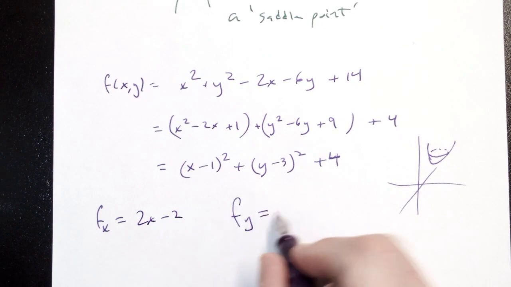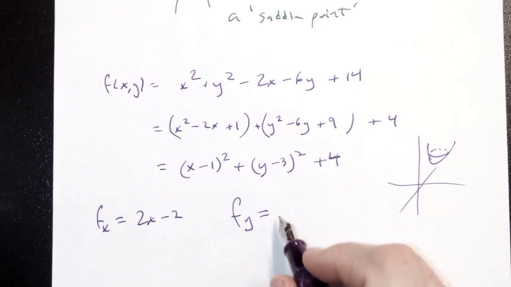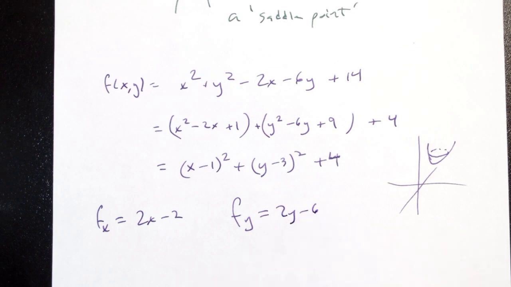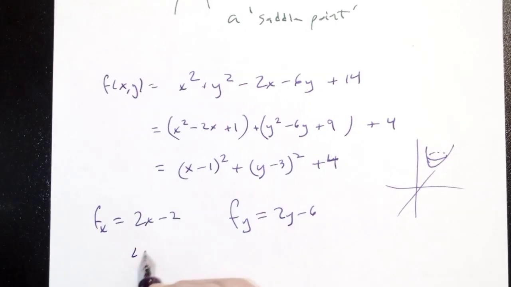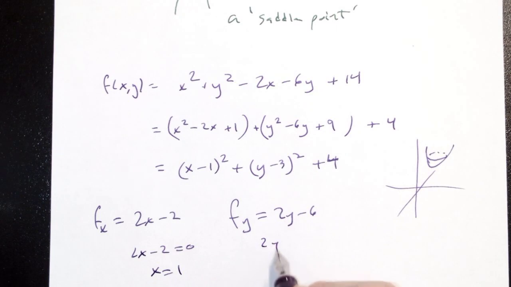Partial with respect to y. So where my partial derivatives both are 0 turns out to be x equals 1 and y equals 3.